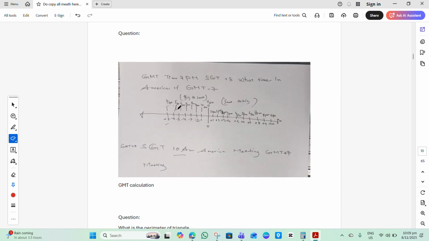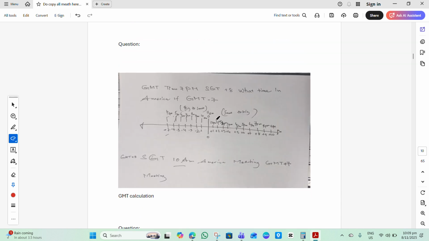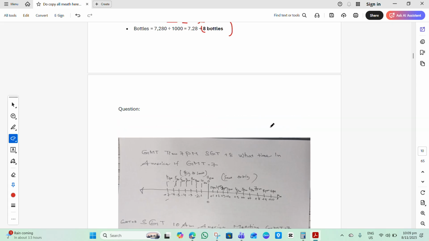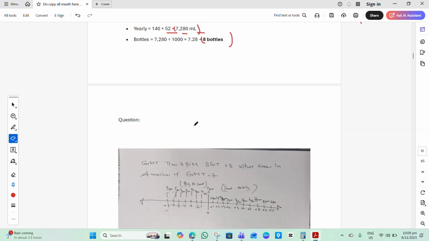So the next question asking for the GMT. Any type of the question coming, GMT, I just explain here. Before you start the assessment, you have one white paper in front of your table. So you make the data for easy calculation.